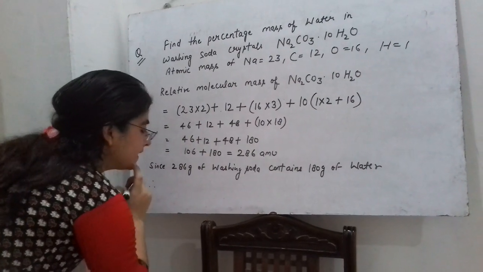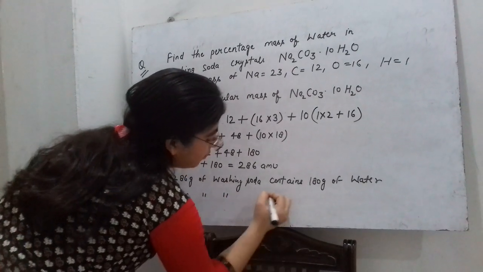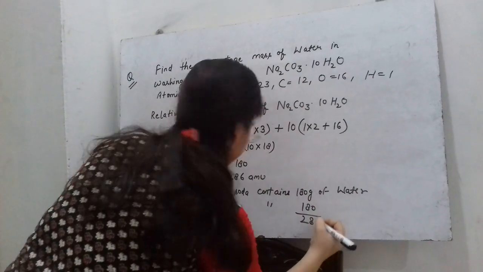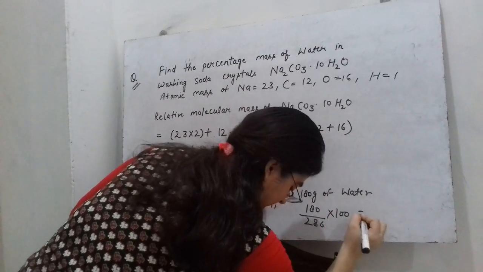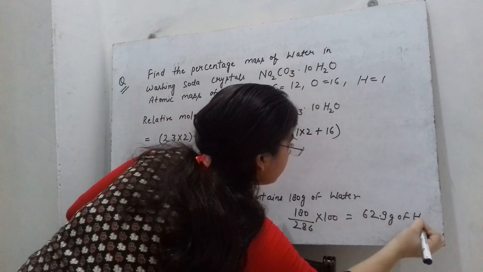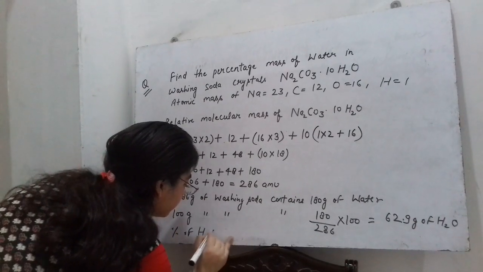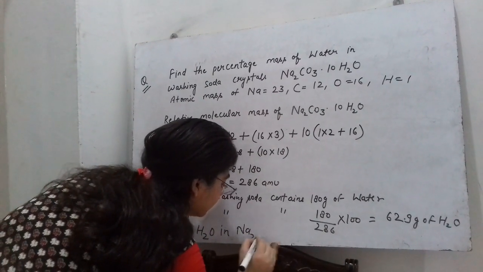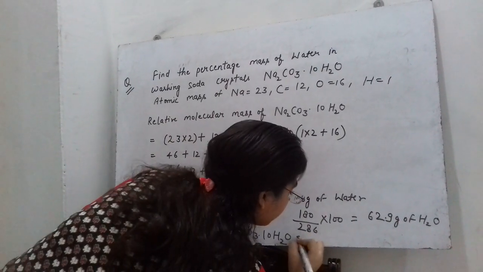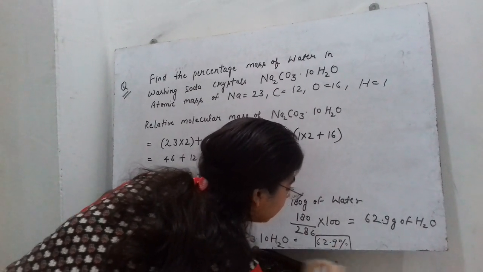Now we will calculate the weight of water in 100 gram of washing soda, and therefore 100 gram of washing soda contains 180 upon 286 into 100, and then we will get 62.9 gram of water. So finally we can say that percentage of water in Na2CO3.10H2O is equal to 62.9%.